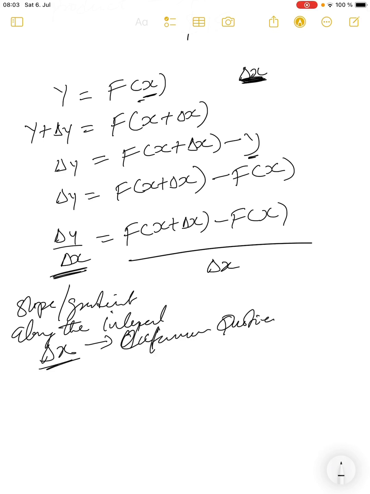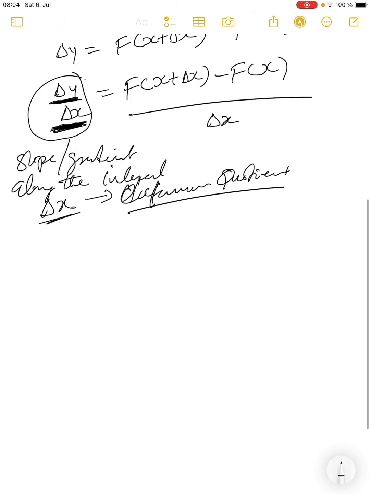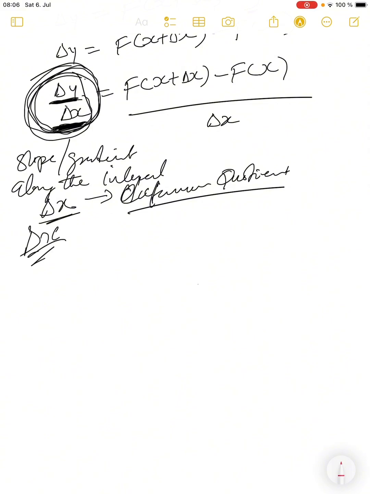If we bring down this interval as delta x tends to 0, we are now able to obtain the derivative of the function y with respect to x. We have to illustrate it diagrammatically. We also have to take an example, and in that case illustrate further.